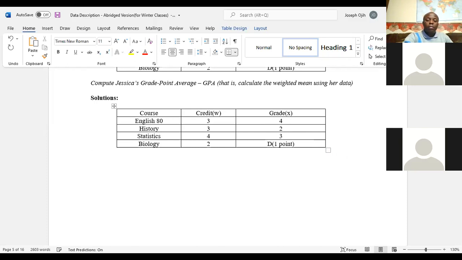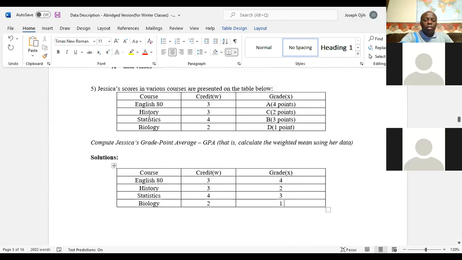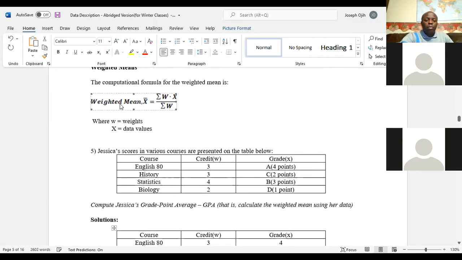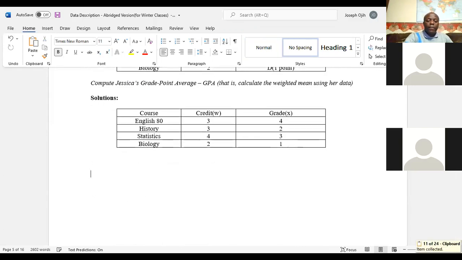Now, one part of the formula we're missing is, remember the formula is here. So one part we're missing is the W times X part of it.